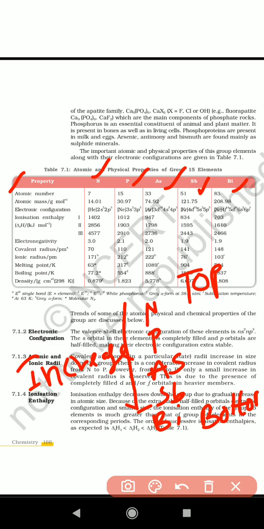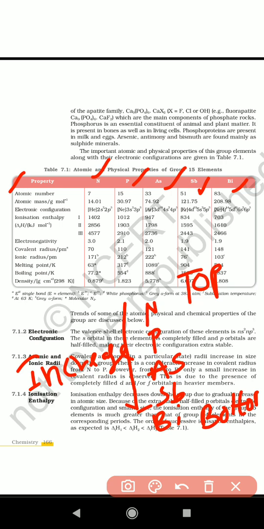The atomic mass of nitrogen is 14.01, phosphorus 30.97, arsenic 74.92, antimony 121.75, and bismuth 208.98. Atomic mass increases, as does atomic size, moving from top to bottom.